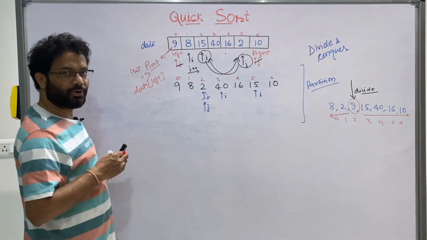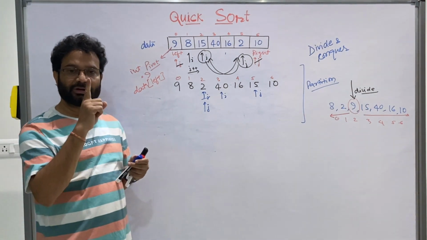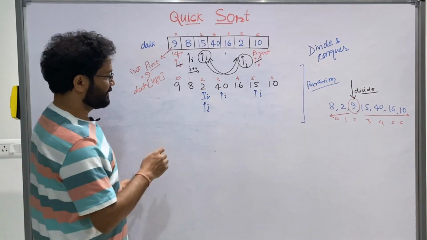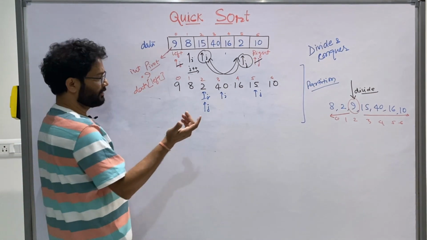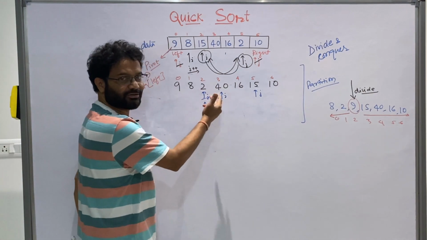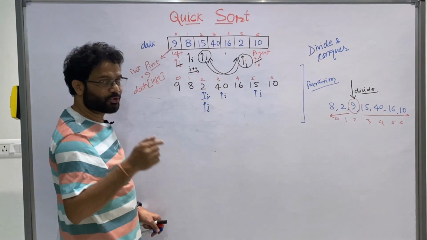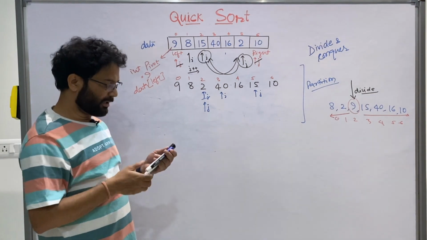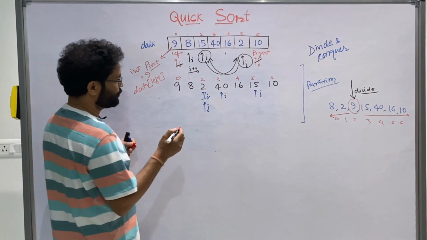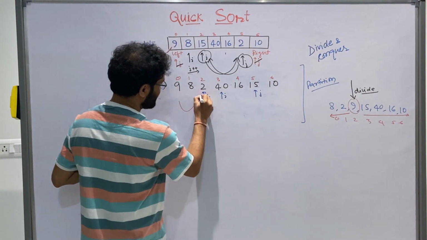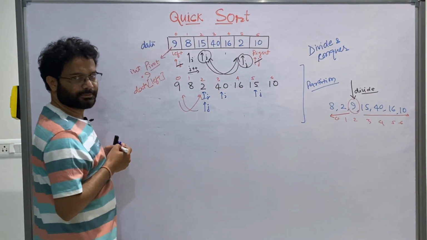Means now this is the position where we got the pivot position. The moment i crosses j, means j is smaller than i, means you got the position for the pivot, and this time you have to swap pivot and j.